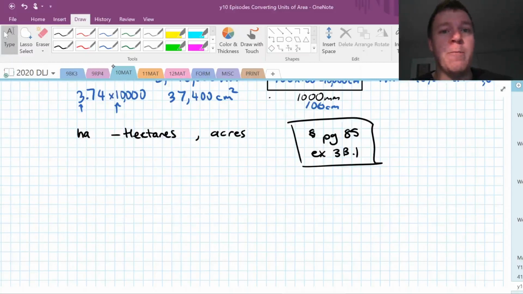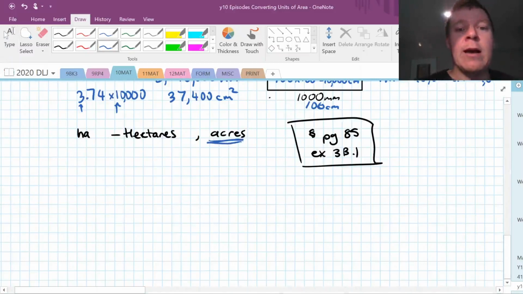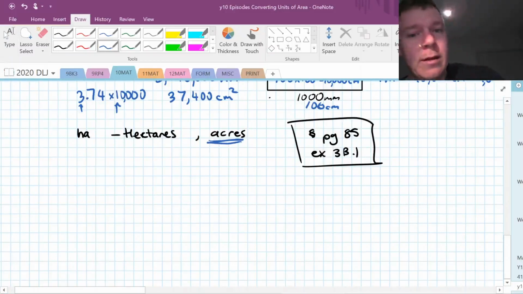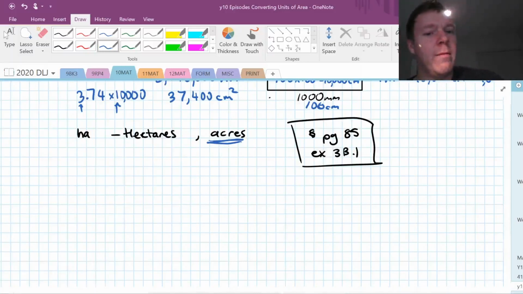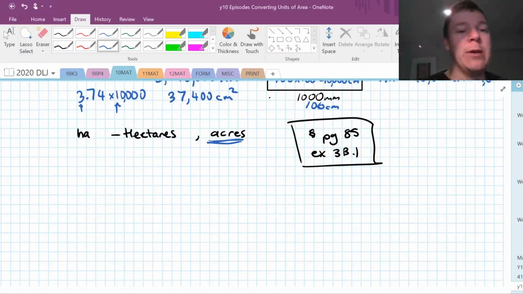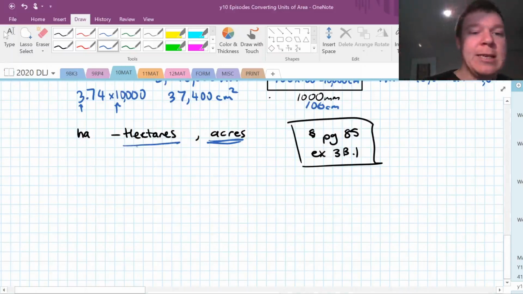It's usually used for large land areas. Acres is an imperial unit that we don't really use anymore, but sometimes old people will talk about having 3 or 4 acres of land, but really they should be using hectares, because hectares is metric and acres is imperial.